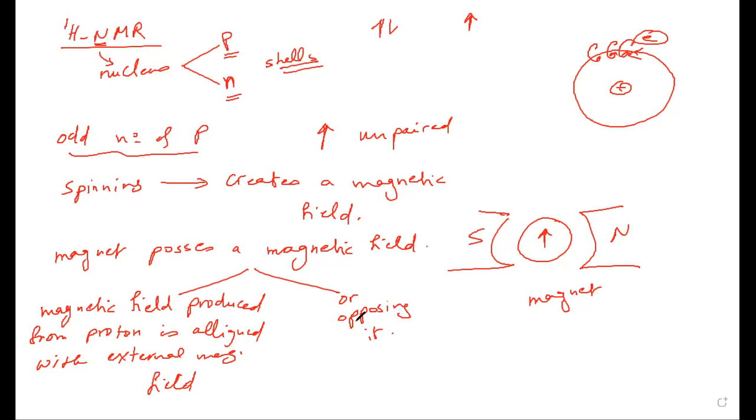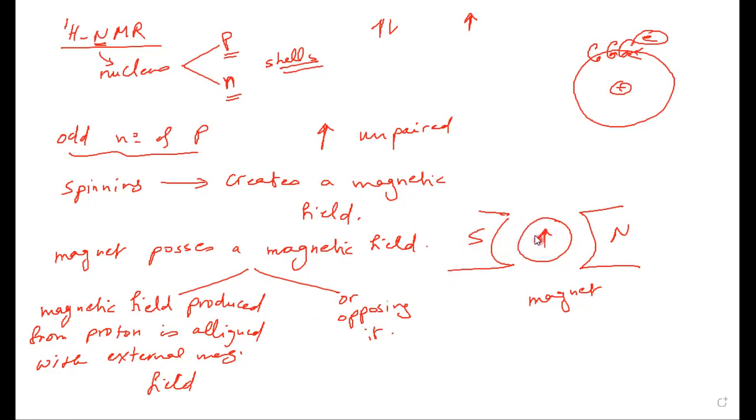Okay, so inside any nucleus we have protons. If we have an odd number of protons, this means that at least one of the protons is unpaired. And this unpaired proton spins, and on doing so, it creates a magnetic field. And if we place our compound containing this proton in an external magnetic field, one of two things would happen.